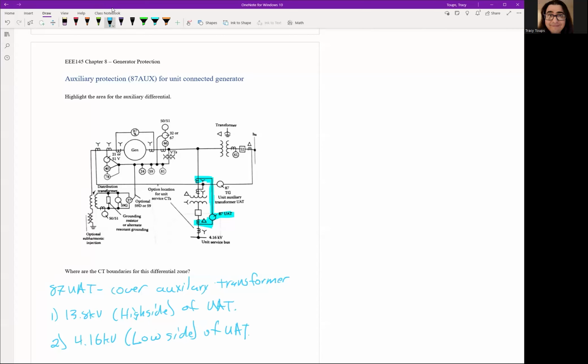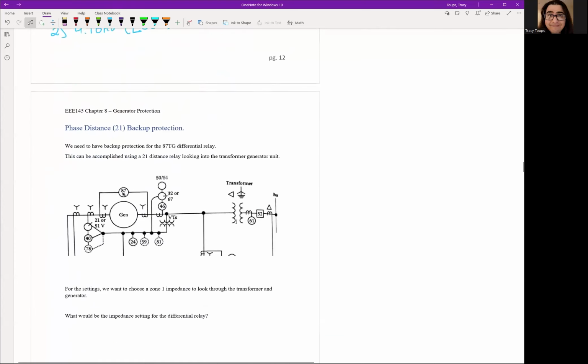This is, again, your traditional 2-terminal, current going in has equal current going out with the turns ratio taken into account. Anything that doesn't have that balance, there's typically a fault inside. Okay, so that's another layer to your unit auxiliary transformer because you don't want to lose that.